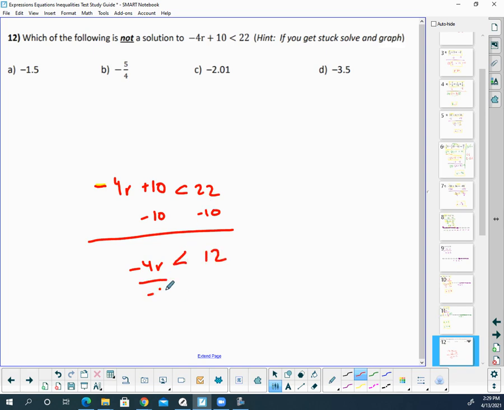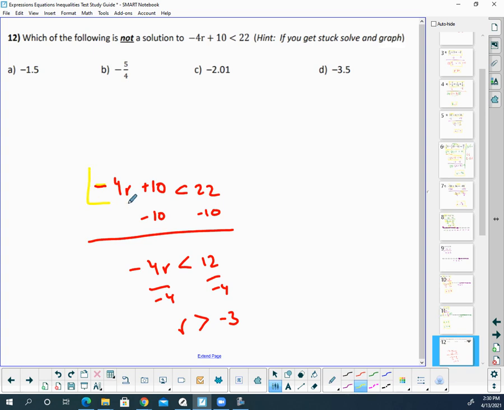I'm going to divide both sides by negative 4, and you get r. On this side, you get negative 3, since 12 divided by negative 4 is negative 3. But because I divided both sides by a negative, the direction of the inequality gets reversed. So r is greater than negative 3.